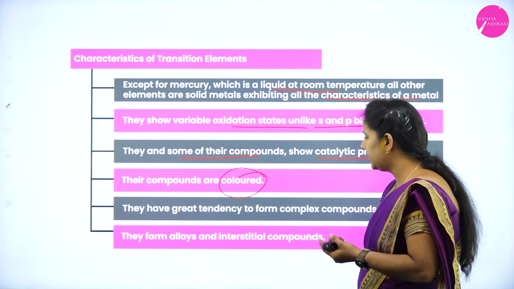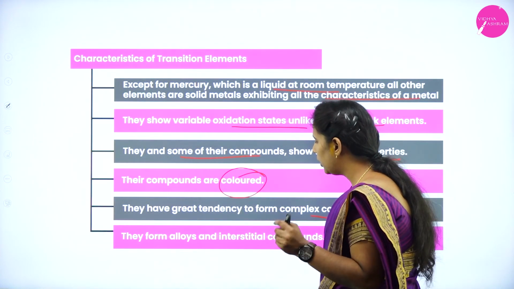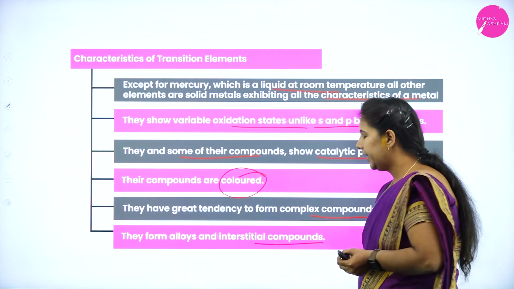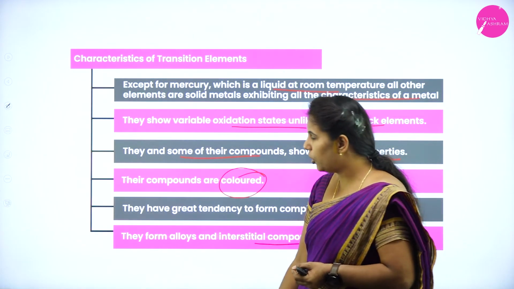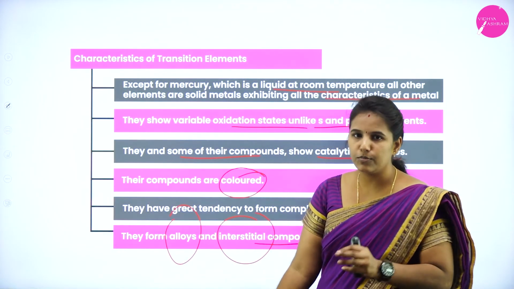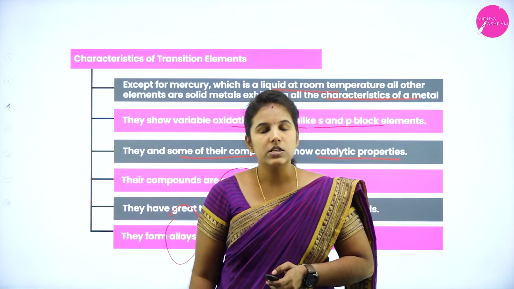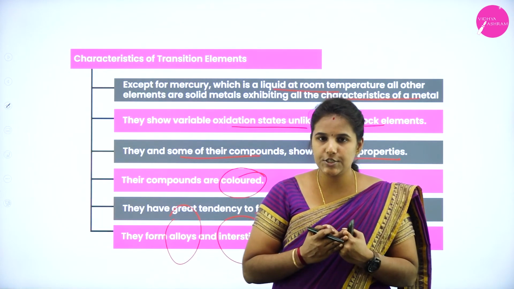And they have a greater tendency to form complex compounds, and they form alloys as well as interstitial compounds. You will understand how d block elements form alloys and interstitial compounds in the next concept. So hope you have understood the general characteristics of the transition elements.